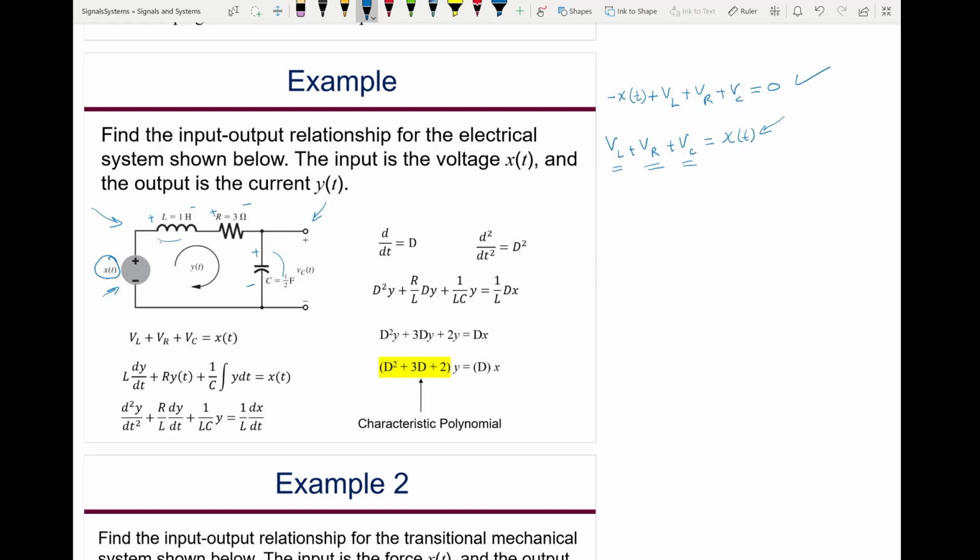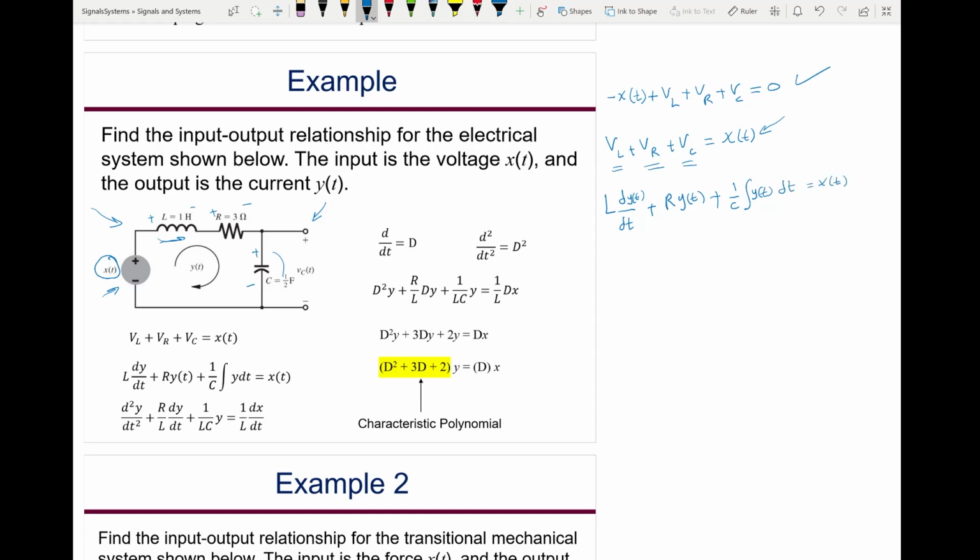The current through the inductor is y, and the voltage across the inductor VL is just L times the derivative of the current, dy/dt. Plus the voltage across the resistor, from Ohm's law, is just the resistance R times the current y. Plus the voltage across the capacitor is 1 over C times the integral of the current. So that's 1 over C, the integral of y of t dt, equals x of t.